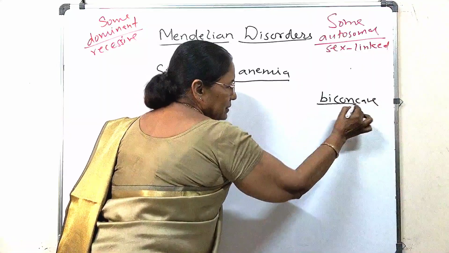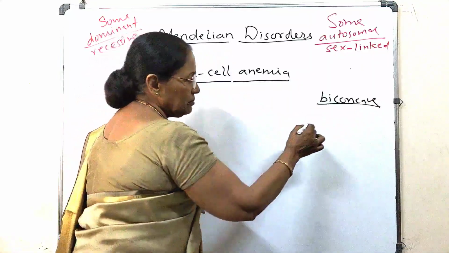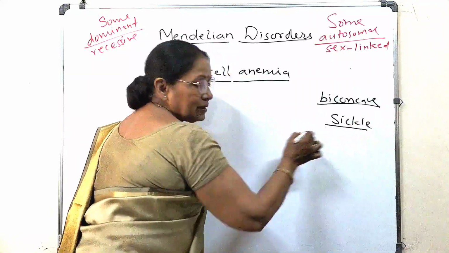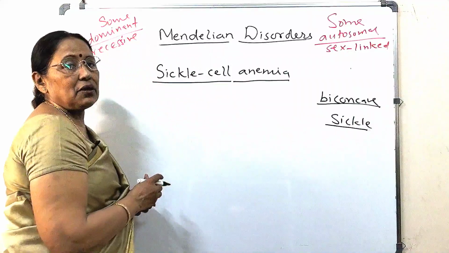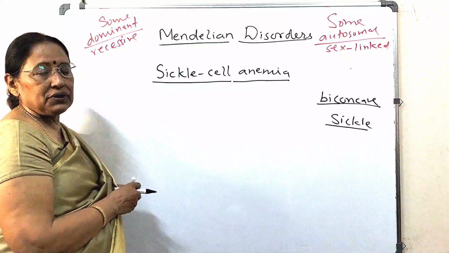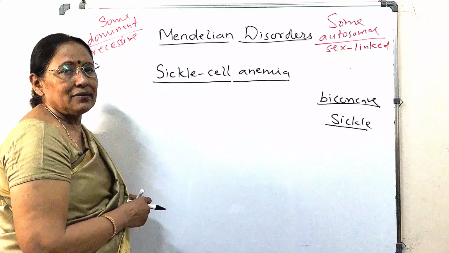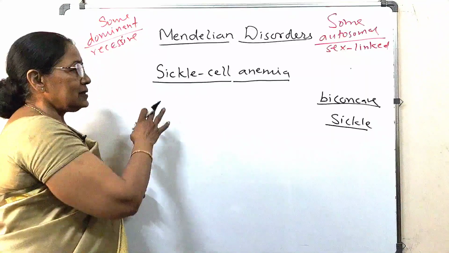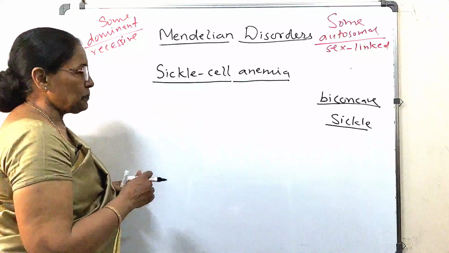But in this disease, it becomes sickle shaped, and then it is not able to carry a sufficient amount of oxygen, and oxygen is needed for everything. So this is sickle cell anemia.